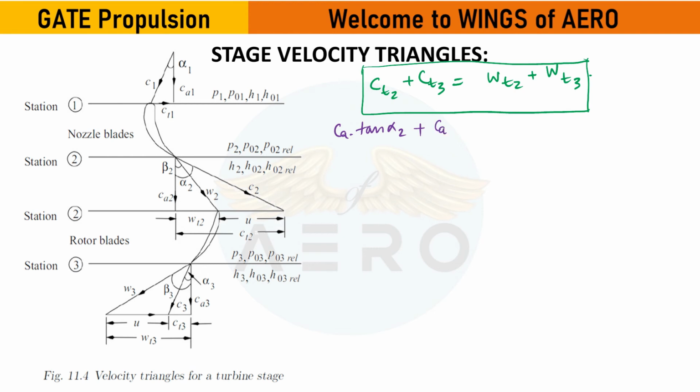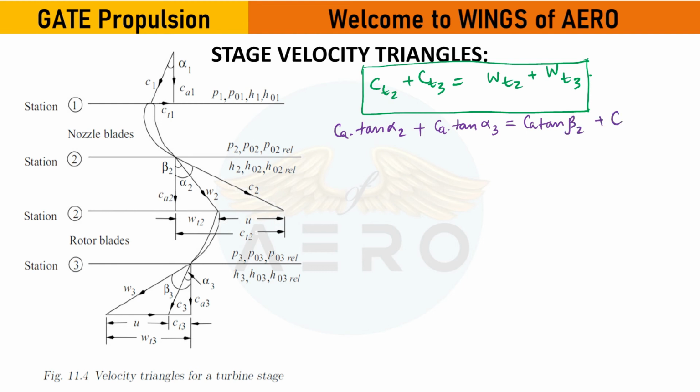That is also CA into tan alpha 3. Then WT2, we got CA into tan beta 2.